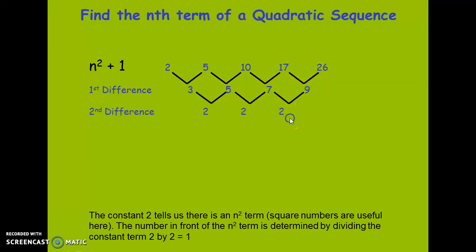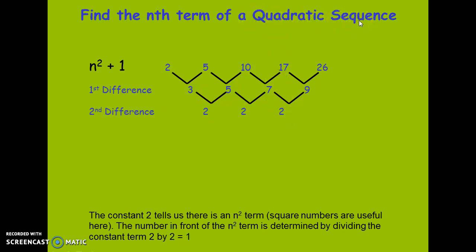Now if I want to find the second difference, I see 5 minus 3 is 2, 7 minus 5 is 2, 9 minus 7 is 2. So this tells me that when the second difference is common, a constant, then I say it's a quadratic sequence.